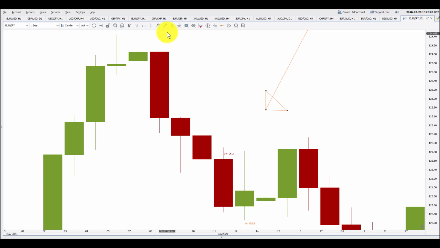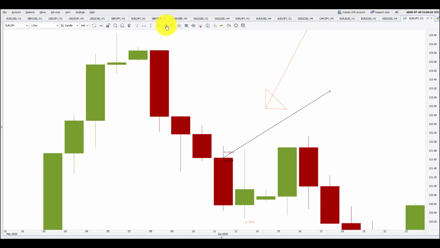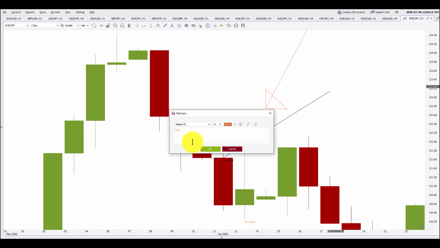This is known as the open of the day. This is the open.